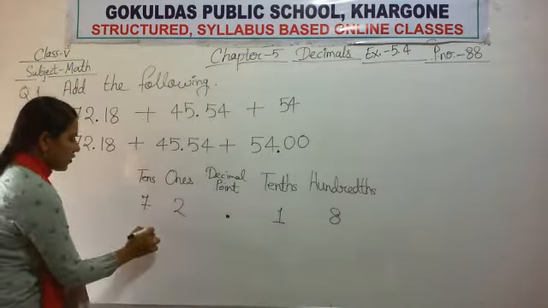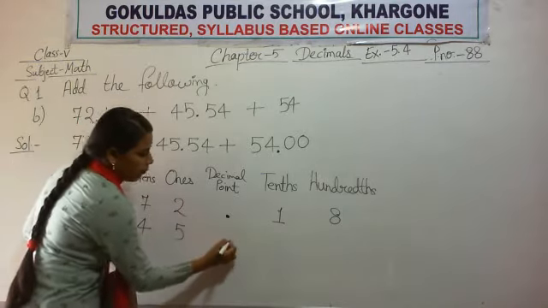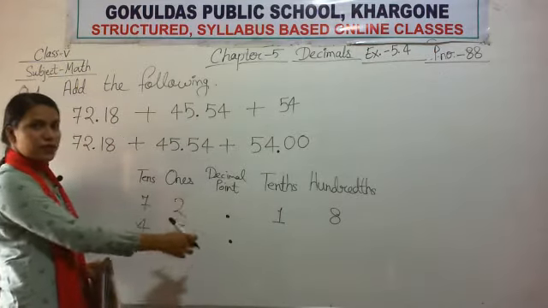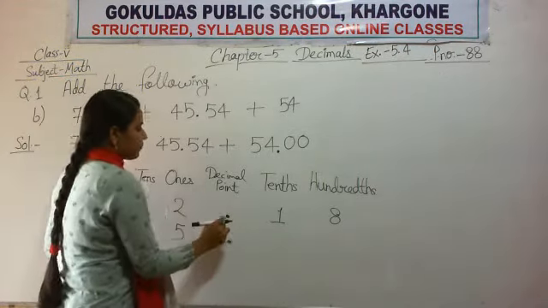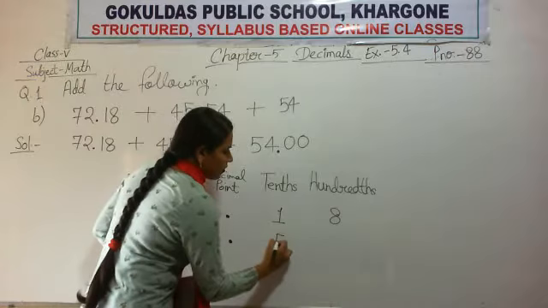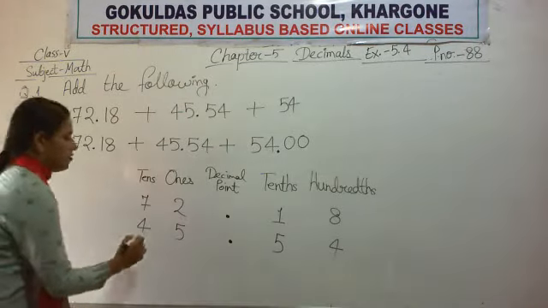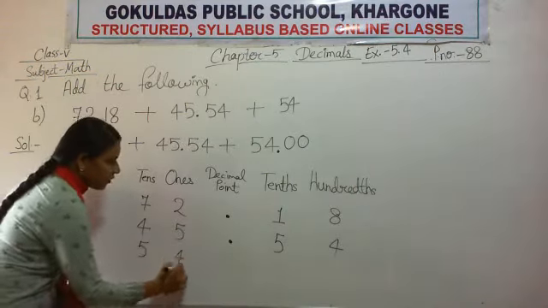Next number is 45.54. Remember, you need to arrange these decimal points in a column, okay? 5, 4. Okay. Now the last number, arrange it properly in the column.